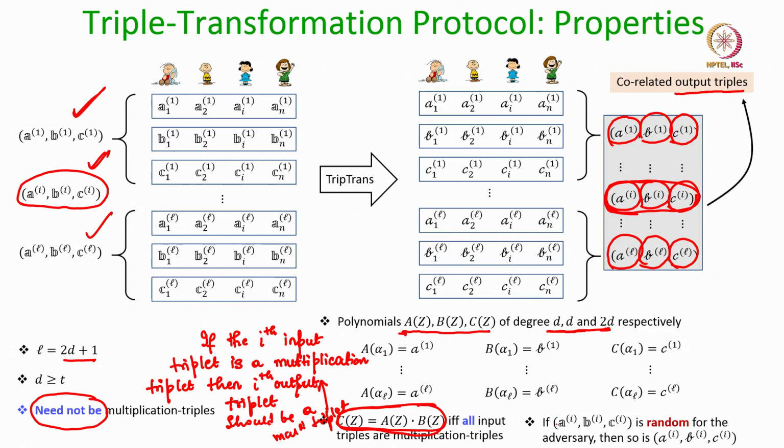But it could be possible that the ith input triplet was random for the adversary, it only knows T shares for the ith input triplet. If that is the case, then we would require that the privacy for the ith output triplet is also maintained. That is the third requirement. So, these are the three properties we require from the triple transformation protocol.